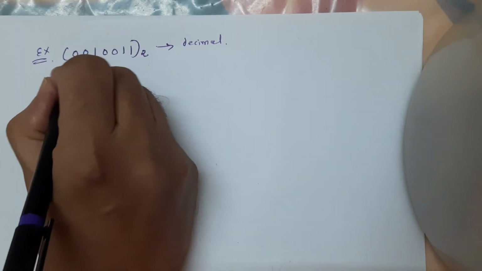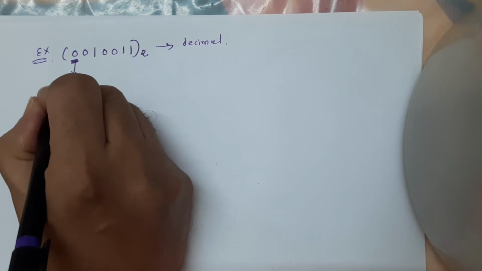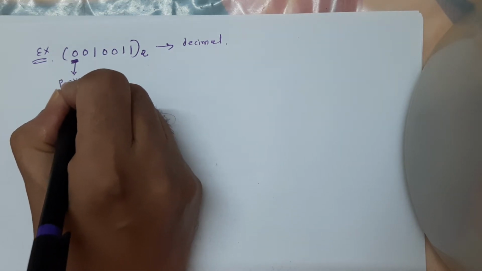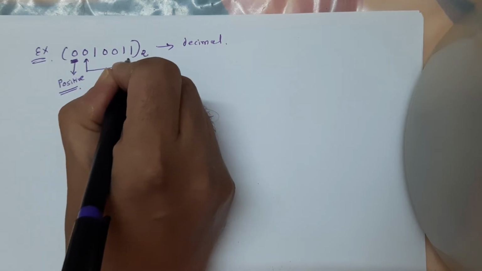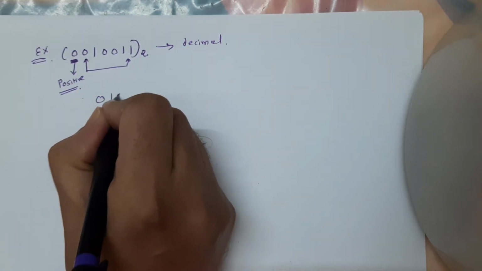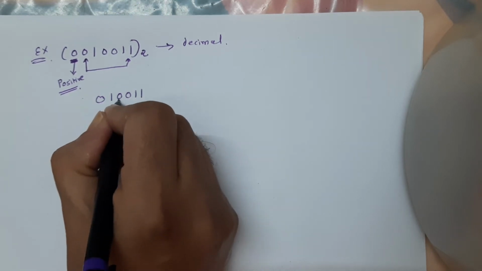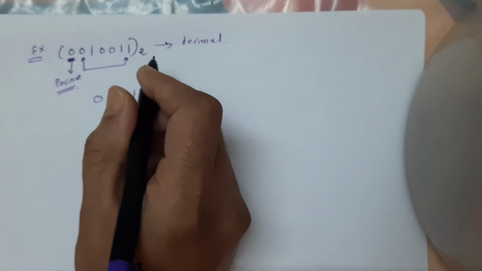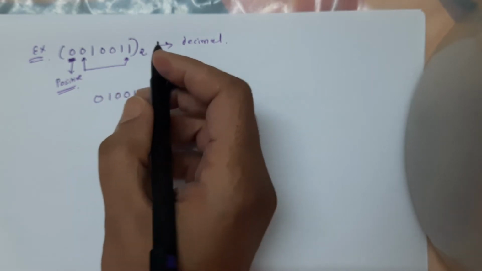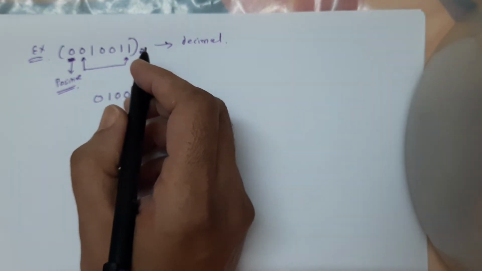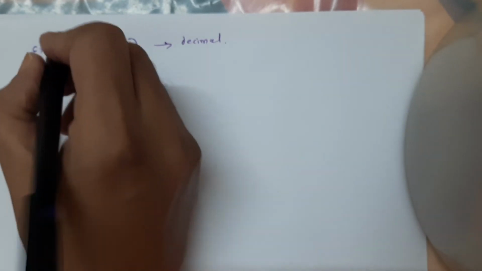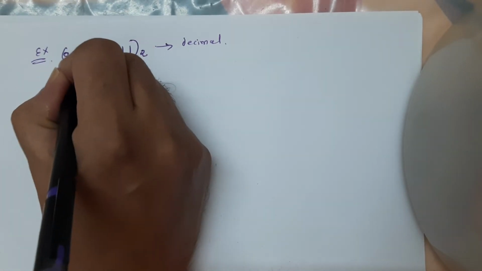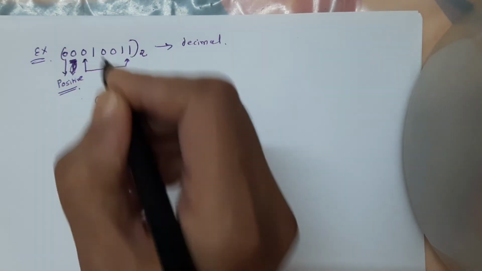This is the MSB. This shows the number is positive, and the remaining 7 digits, 1 2 3 4 5 6 7, this shows positive.